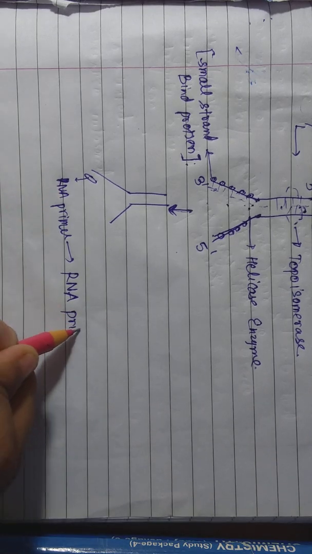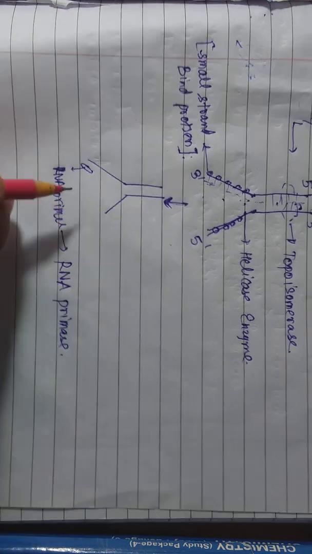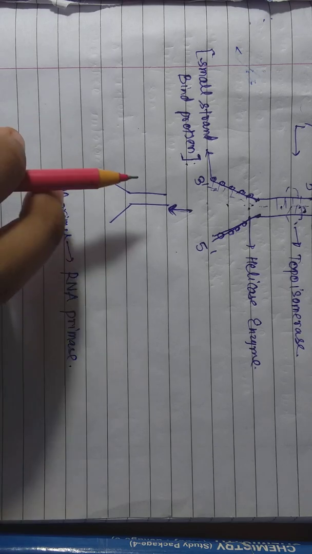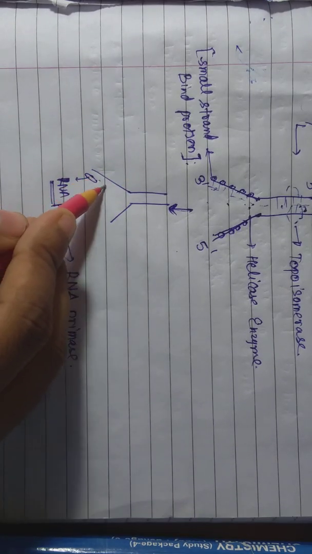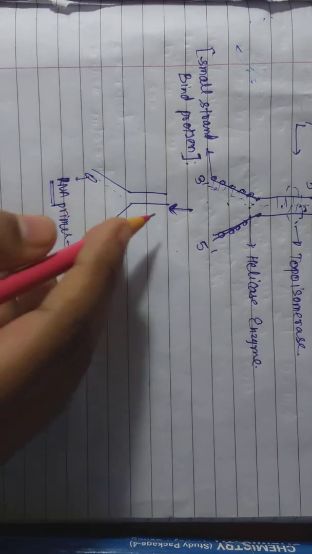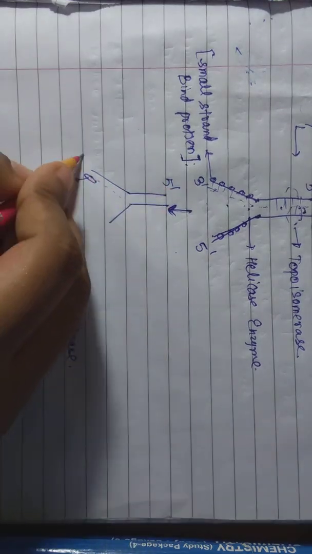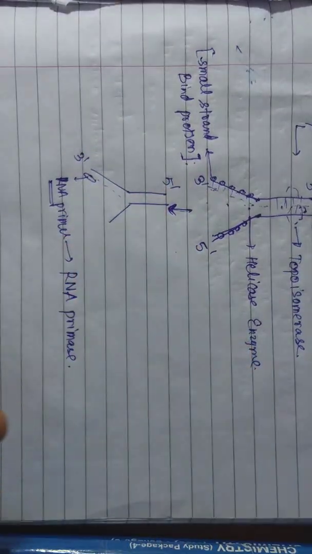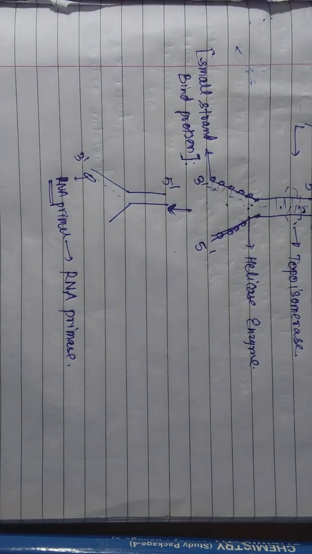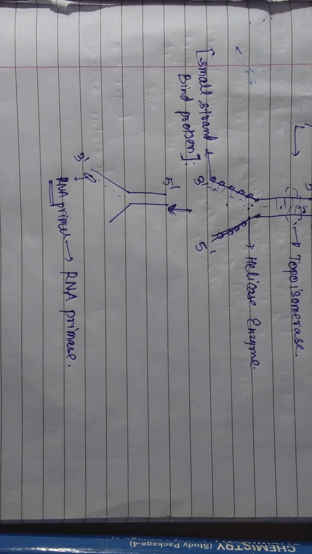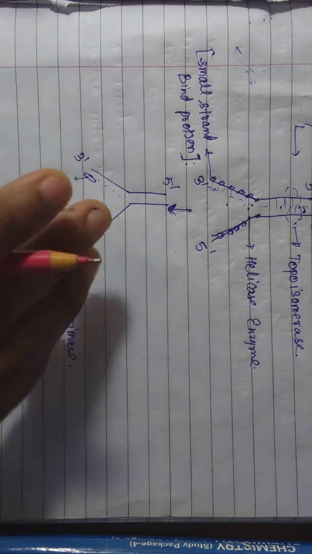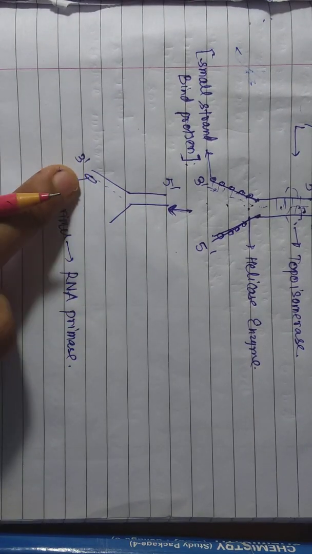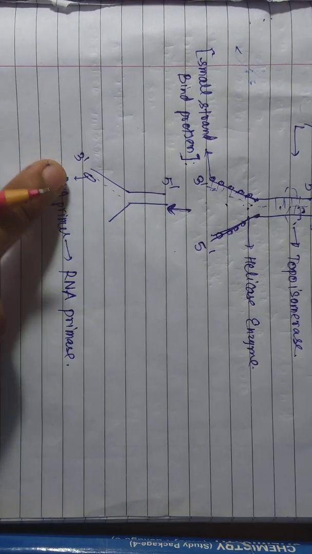from RNA primase. This RNA primer is a sequence of bases which provides a free 3 end, since you know that phosphodiester bonds are only formed from 3 to 5. So DNA polymerase cannot add on its own; here we need a short nucleotide segment.